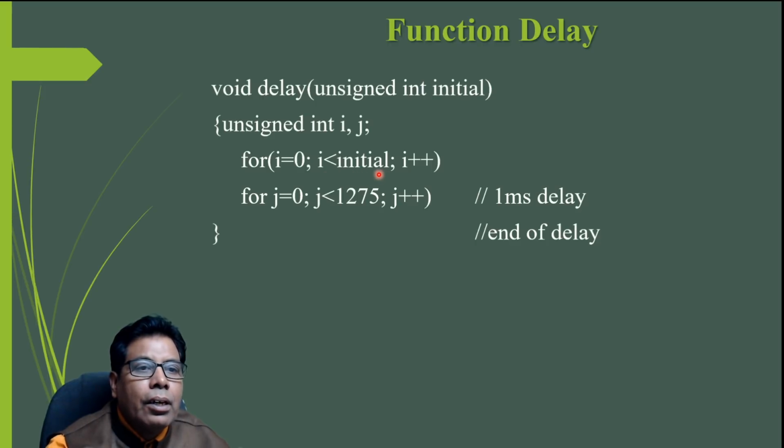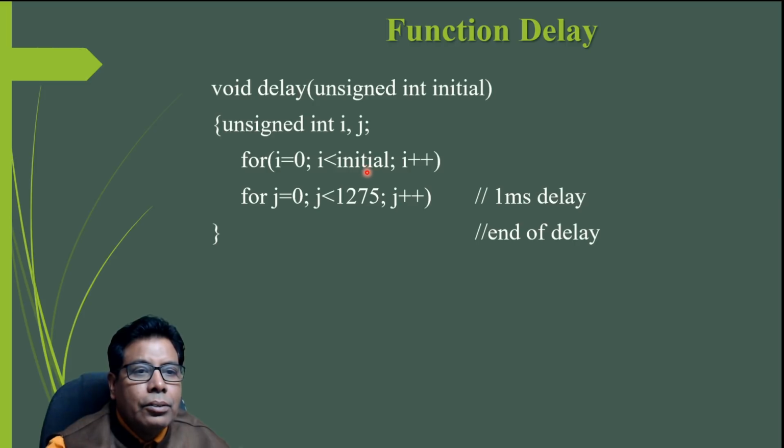So whatever parameter we are passing here as initial, this loop will be executed that number of times. That's why the delay will be multiplied by this number. So when we need a large delay, at that time we can pass this value 250 to the initial.